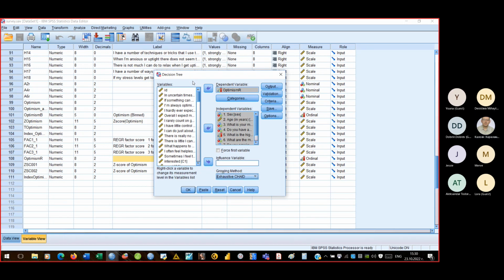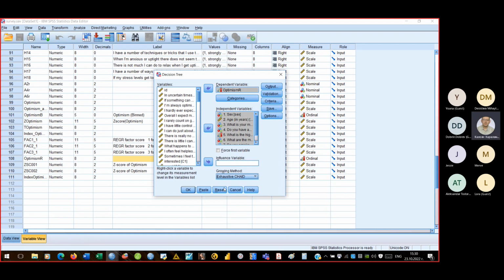And this CRT is better when we use classification tree for decision making under risk. CHAID or exhaustive CHAID is better when we use classification tree for relation analysis.